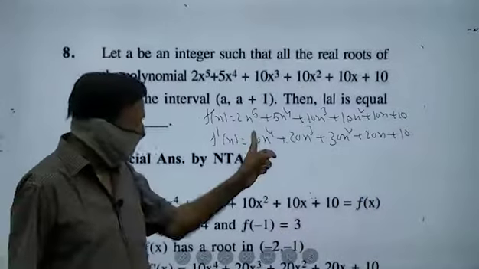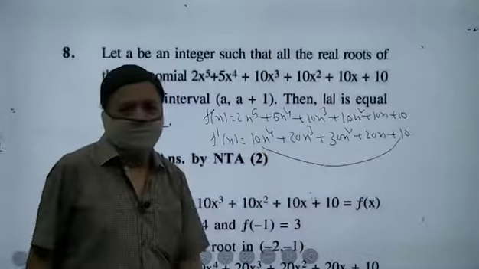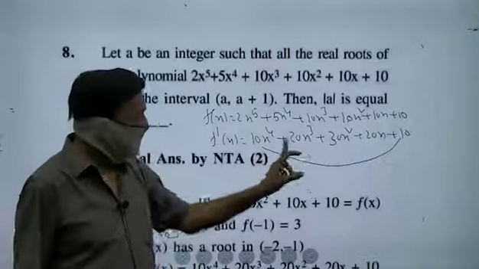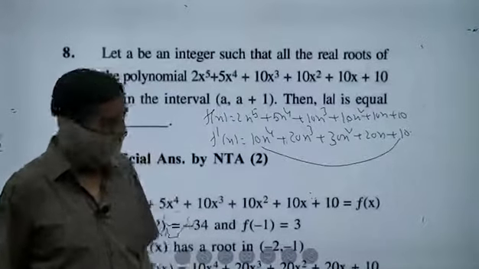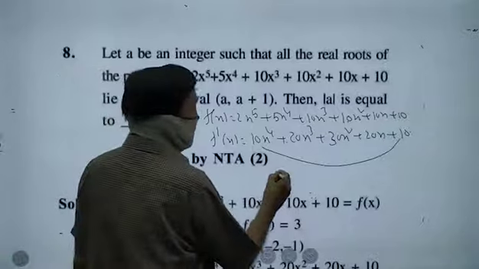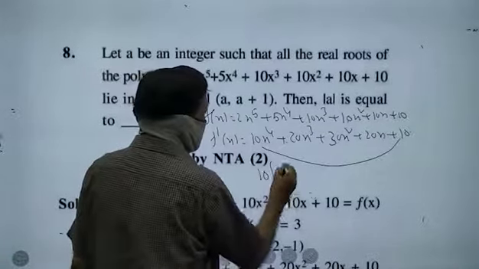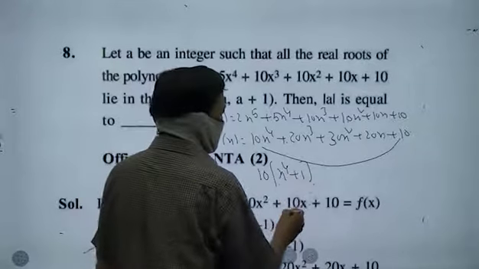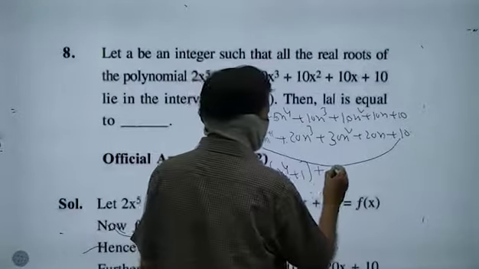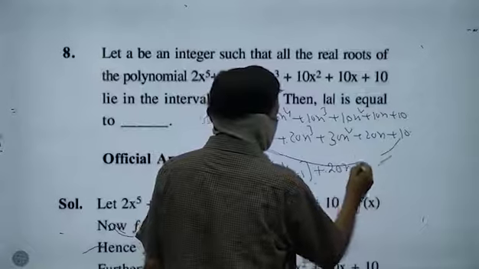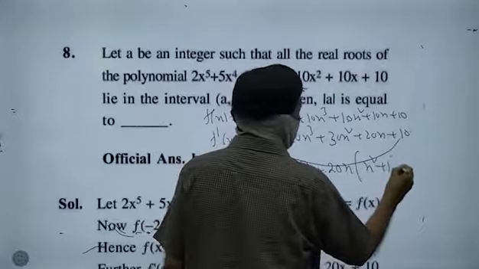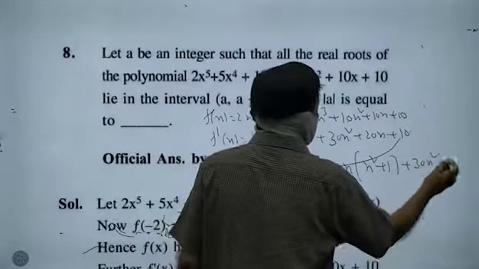It is just like a reciprocal equation of the form 10, 10, 20, 20, 30 like this. Now you can put it like this: 10 into (x^4 plus 1) plus 20x into (x^2 plus 1), 30x^2.